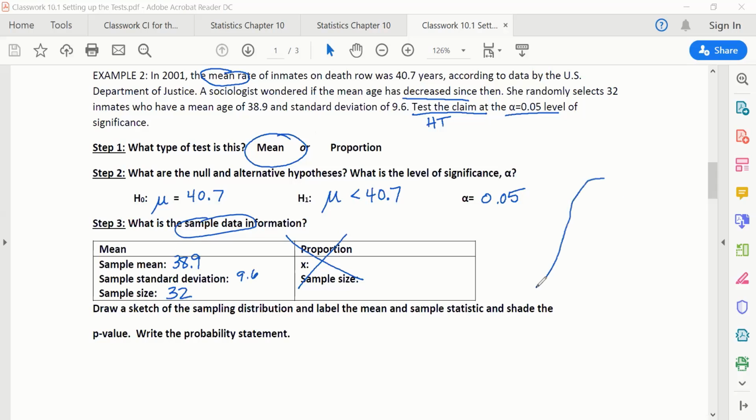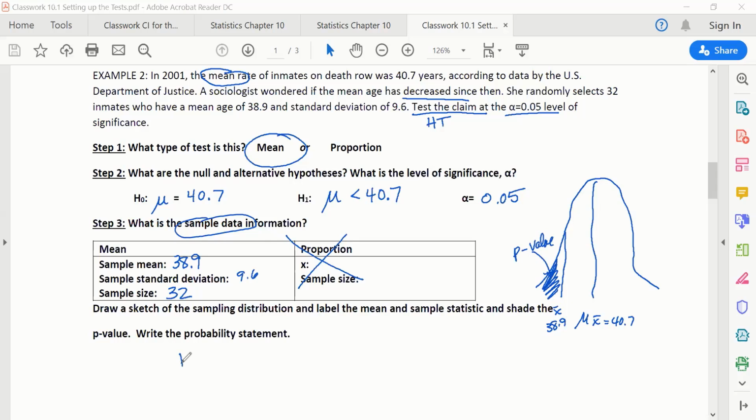So the sketch is, here's our mu sub x bar, which is 40.7. Our data is 38.9. So that's our x bar. And the shaded area is the p-value.